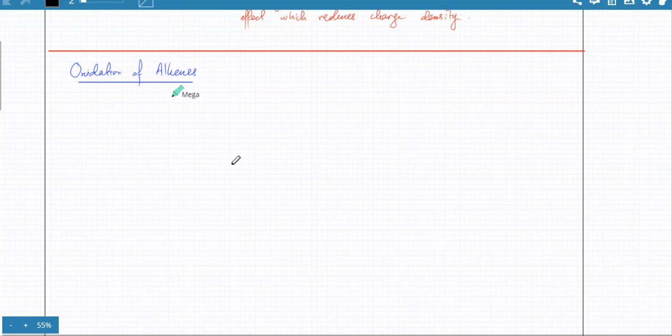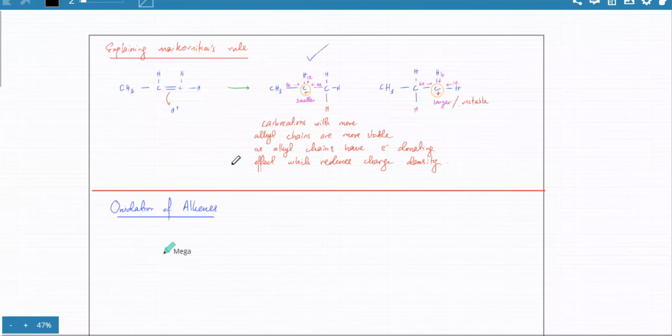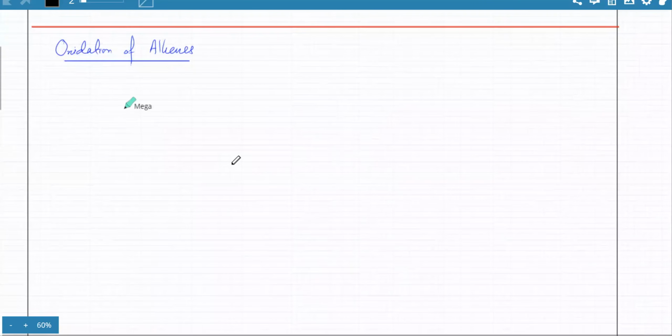Now, what happens in oxidation of alkenes? Remember, you haven't studied oxidation of alkenes. You are familiar with the electrophilic addition reactions: bromination, hydration, hydrogenation. You are all familiar with those reactions. Oxidation of alkenes you haven't studied.